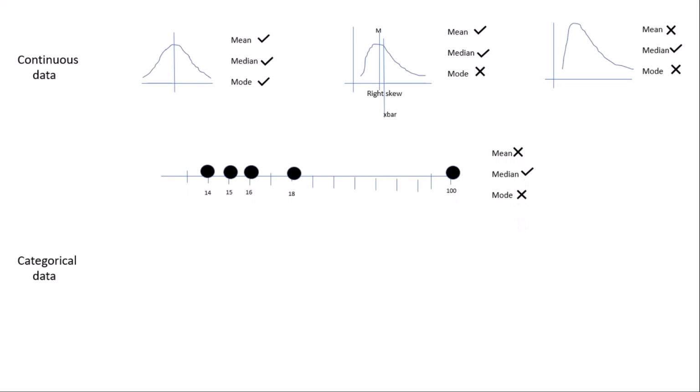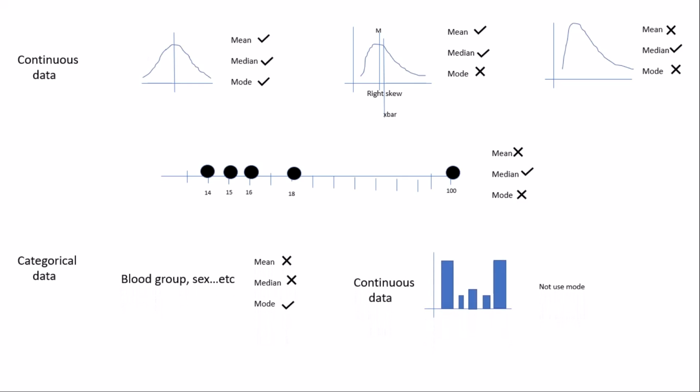Okay, so now the question arises, when to use mode then. If in your data set there is a lot of categorical data like blood group, sex, male and female, then you can use the mode. So you cannot use mean, and you cannot use median in this scenario.